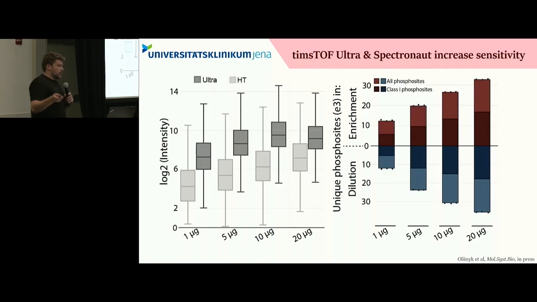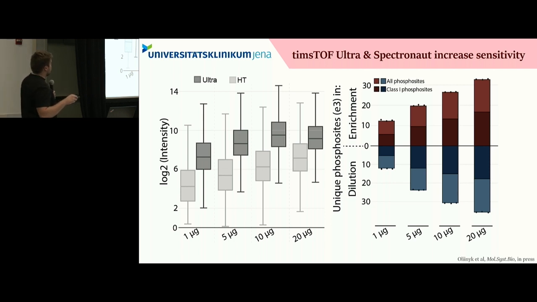Then the better, faster, more sensitive instruments really help to increase the number of identifications. For example, with the timsTOF HT, with which we performed the majority of our optimization experiments, when we compared it to timsTOF Ultra, the raw intensity of identified class 1 phosphopeptides increased quite significantly, especially for the quite low amount of starting protein material, so for 1 microgram.